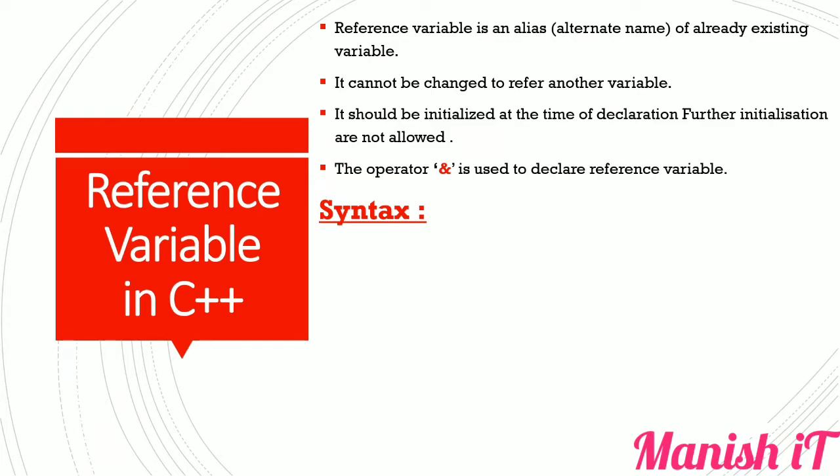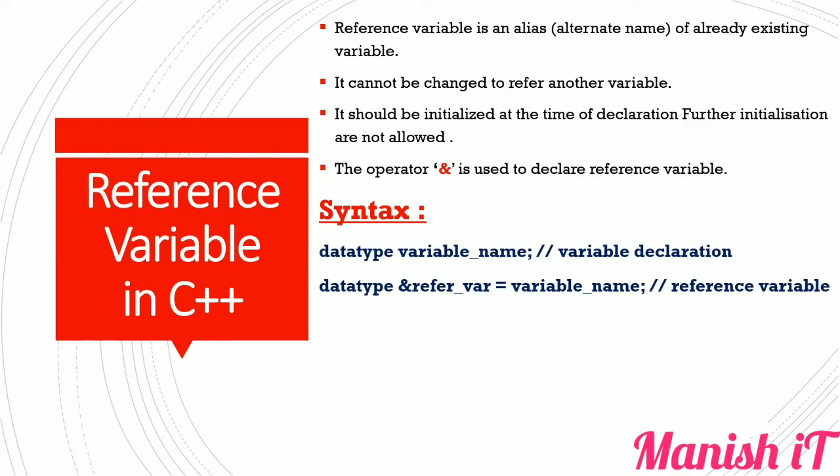Regarding how to declare: every special data type has some syntax or rules. So these are the rules, and what is its syntax? First, a data type and variable name is called a variable declaration. Next, data type, ampersand symbol; it is compulsory to use the ampersand symbol.